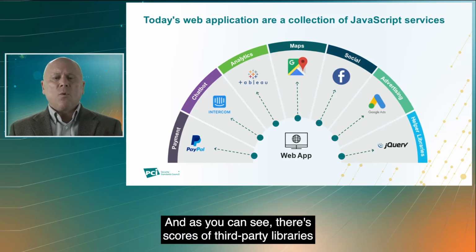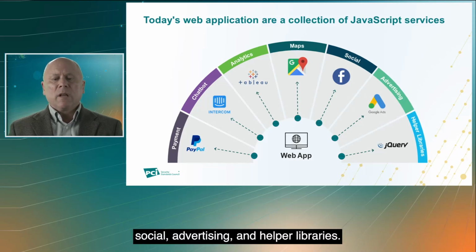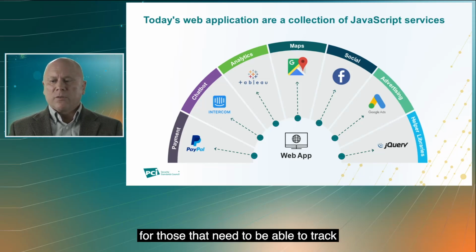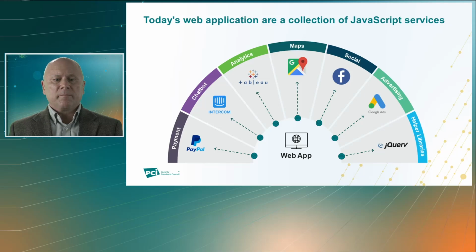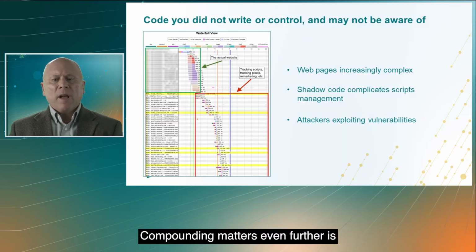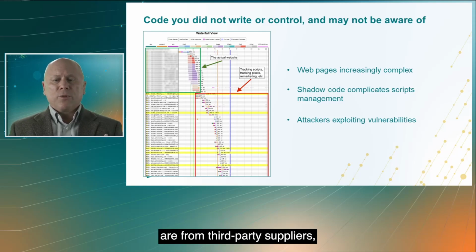As you can see, there are scores of third-party libraries for payment, chatbot, analytics, mapping, social, advertising, and helper libraries. This creates a real challenge for those that need to track and manage these. Compounding matters even further, 70% of the JavaScript libraries in these web apps are from third-party suppliers, such as a marketing script.